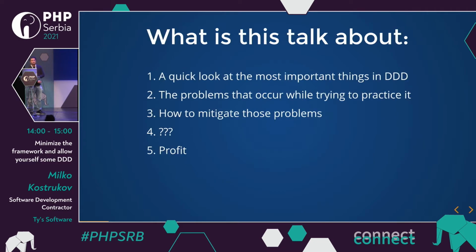So, to the talk. What are we going to talk about? I'm not going to try to give you a detailed explanation of what domain-driven design is about. I'm just going to sketch out some of the more important things, what I think the philosophy is and why I like it.